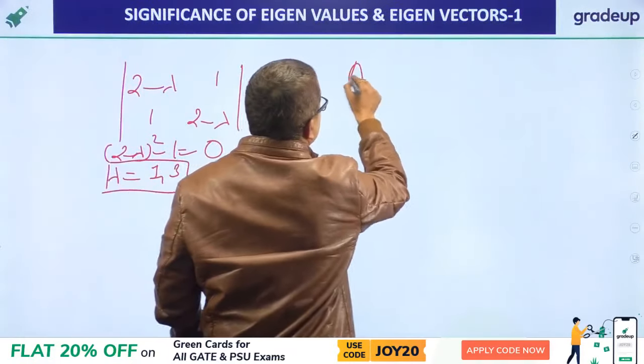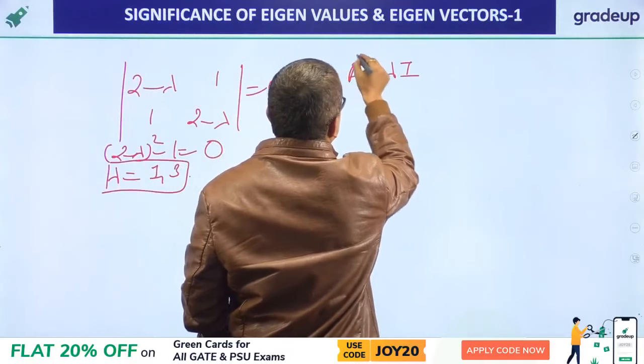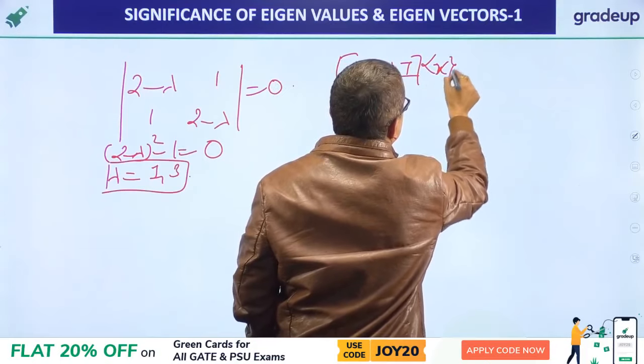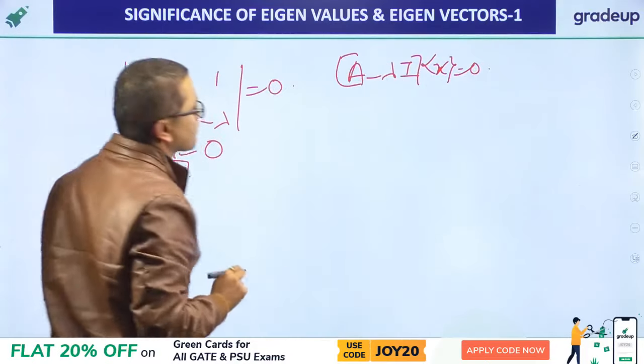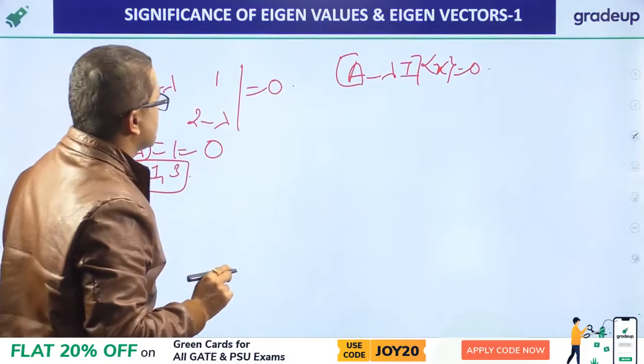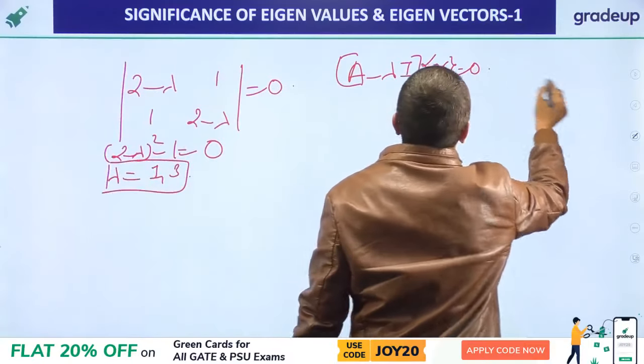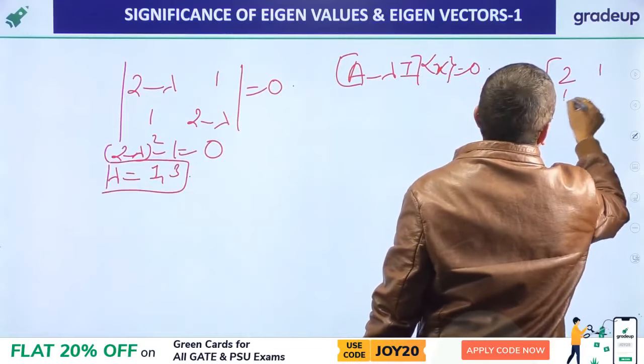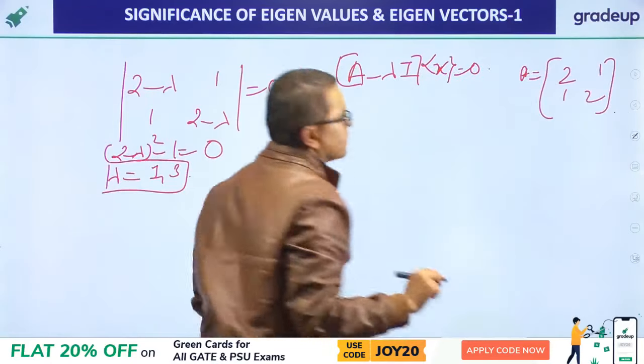So, A minus lambda I into x equals 0 was there, and the original matrix was 2 1 1 2, right?